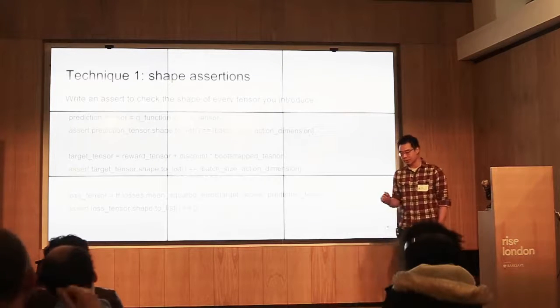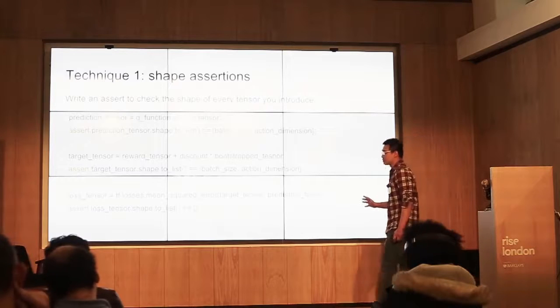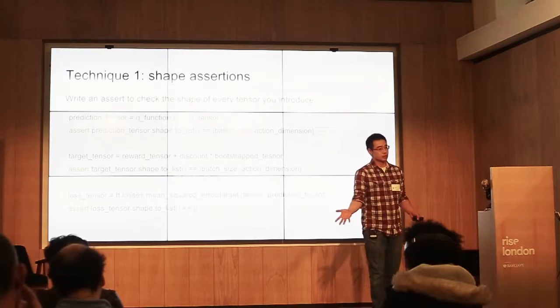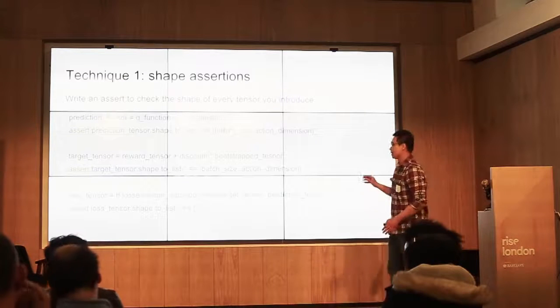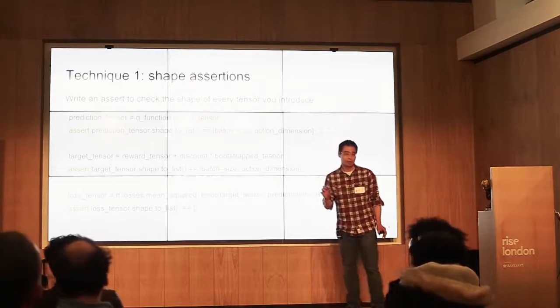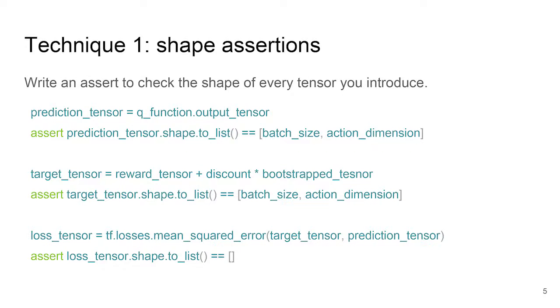So let's start with the simplest one, shape assertions. When you write TensorFlow code, you introduce tensors. This technique requires you to write an assert to check the shape of every tensor you introduce. For example, in a typical regression setting, you have a prediction tensor, a target tensor, and a loss tensor.